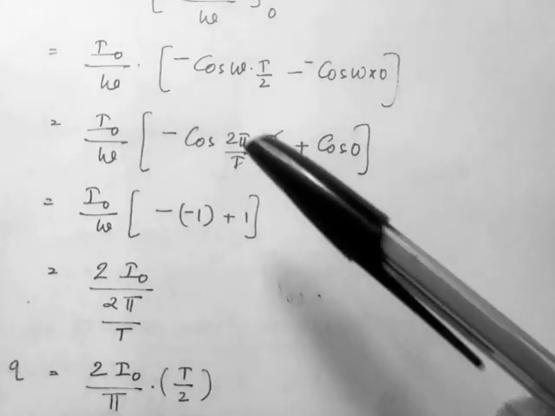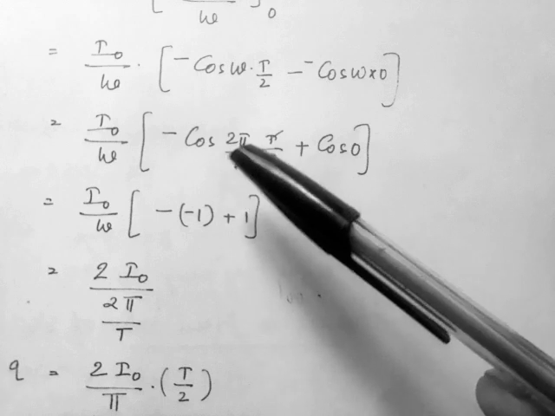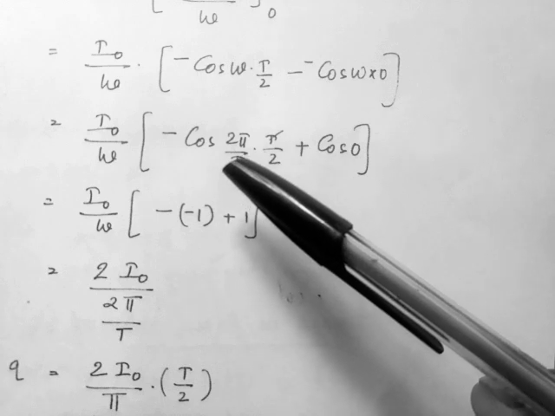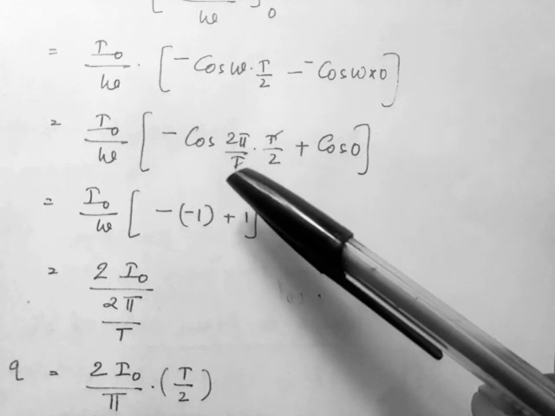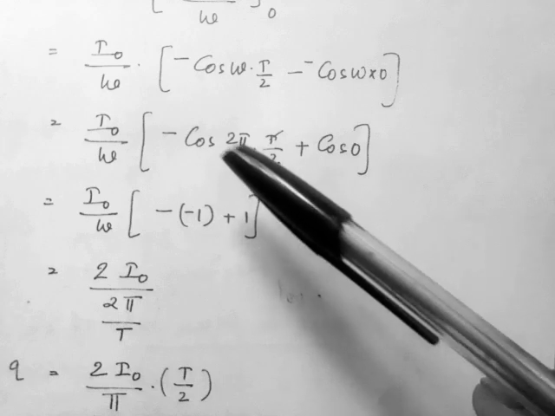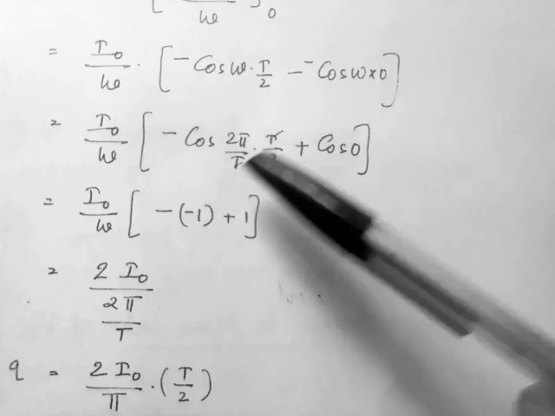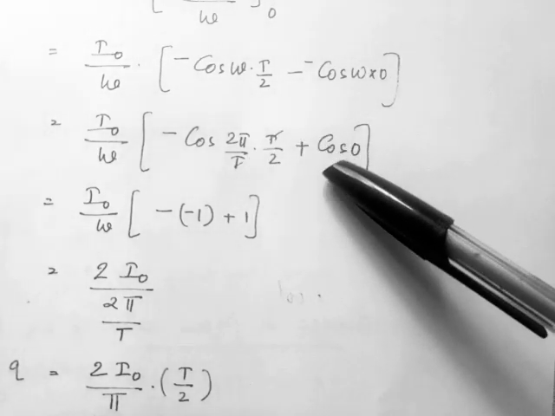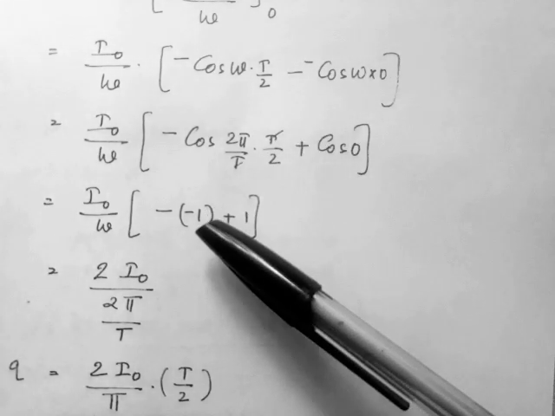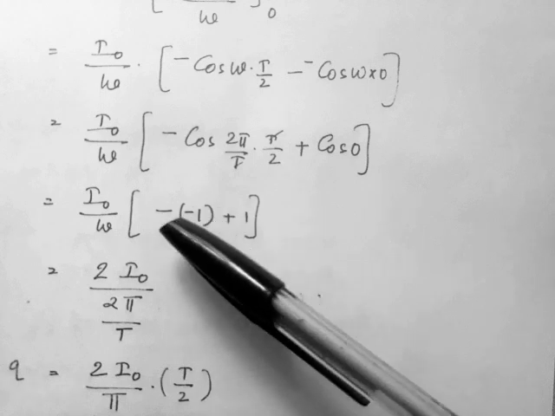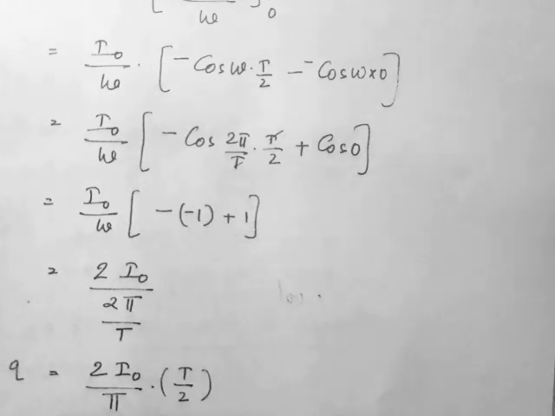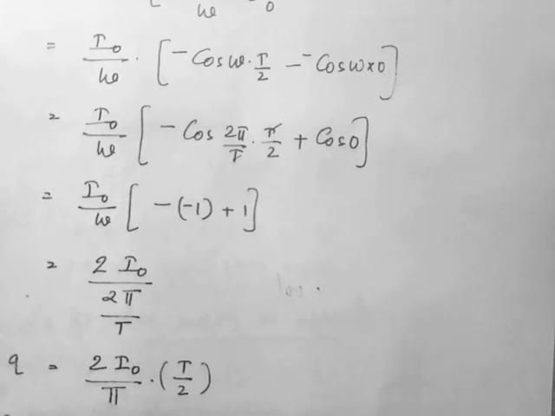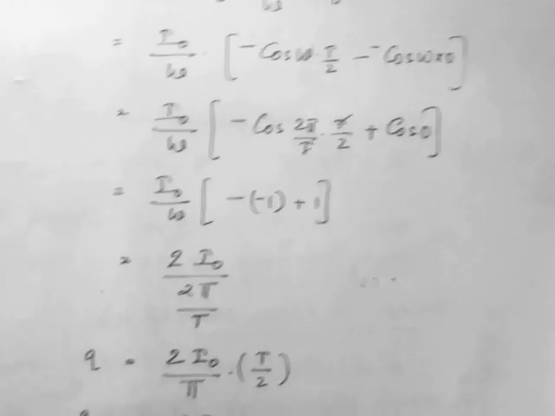Omega we again rewrite as we told just now, omega is 2 pi nu, nu is frequency which is 1 by time period T. So cos 2 pi by T into T by 2, we get it as pi, here it is 0. So cos 180 is minus 1, so minus of minus 1 plus 1, we get it as 2. So 2 I0 by omega we get.